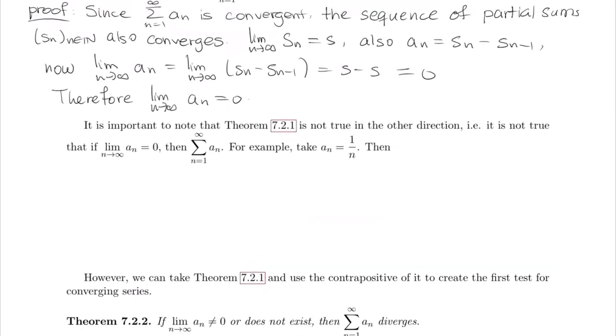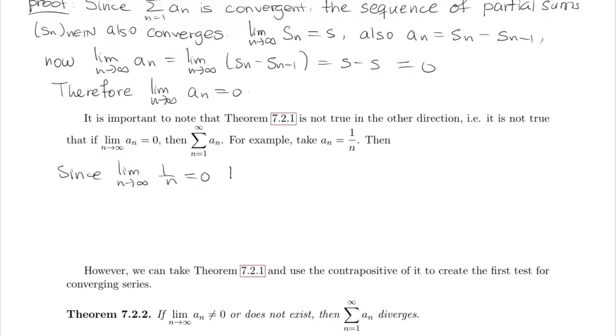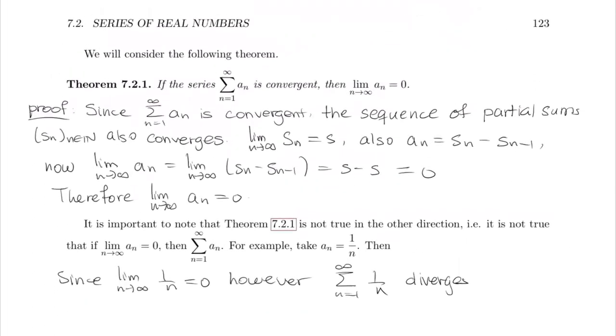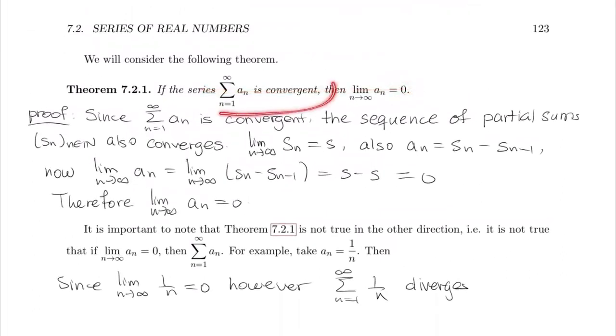Since the limit of 1 divided by n is equal to 0, however, this series, the harmonic series, we know diverges from the example we had a look at earlier. So it's important to note that this theorem is only true in one direction. Meaning that only if the series converges, then the limit of the sequence is equal to 0, not the other way around.